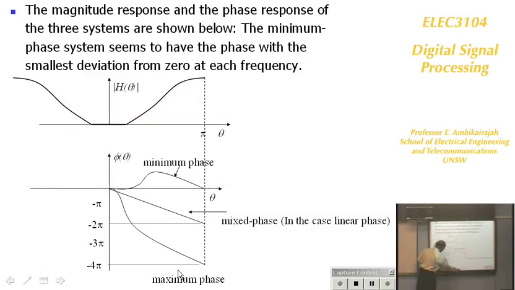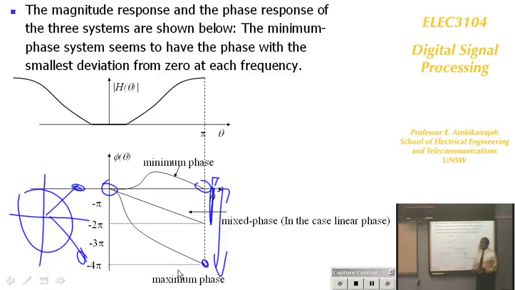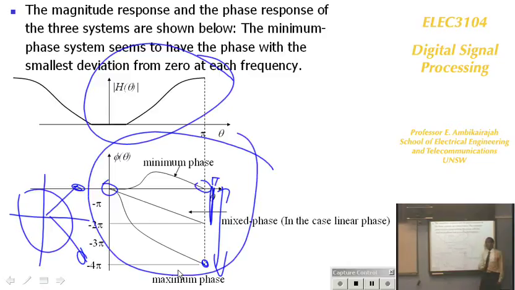Find the phase at 0 and the phase at pi, and you see it is maximum. It's the highest. The deviation for this is 0, the deviation for this is that much, the deviation for the maximum phase is that much. So from the graph you can say, if you reflect the zeros, you will find the magnitude response of the system is the same, but the phase response is different.